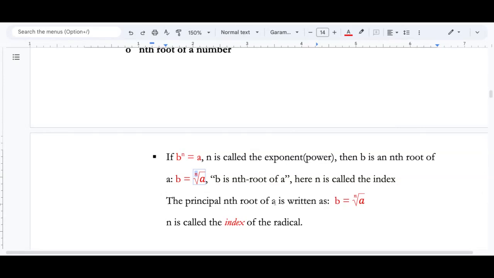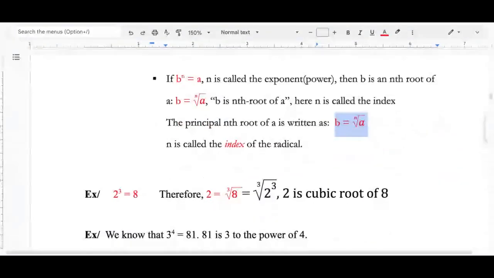The principal nth root of A is written as B equals the nth root of A. It's read as the nth root of A. N is called the index of the radical, and this sign is called the radical sign.